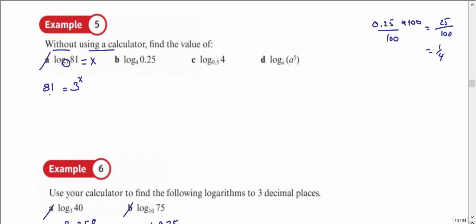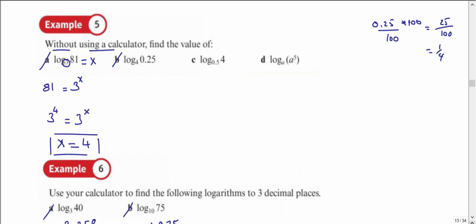Ask yourself, 81 is 3 power what? 3 power 3? No, sorry, 3 power 4. Try it on the calculator, 3 power 4. This means x is what? 4. Because 3 power 4 equal 3 power x, so x equals 4.